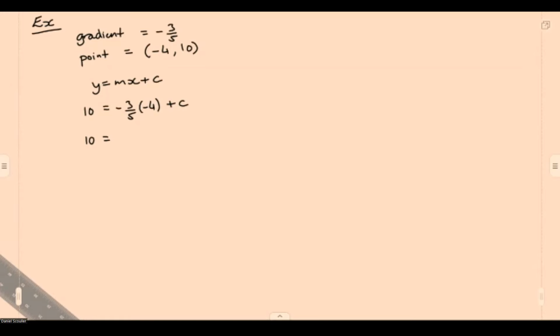It might look a wee bit less confusing. Now we can do that by doing -3 times the -4, and that will just give us 12/5 plus c. Okay, so I've just broken that bracket, just tidying it up a wee bit, make it a wee bit simpler to look at.